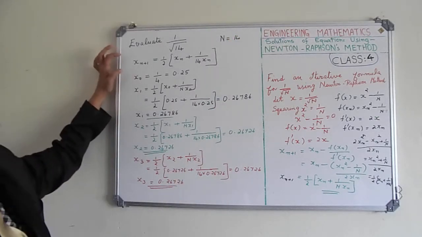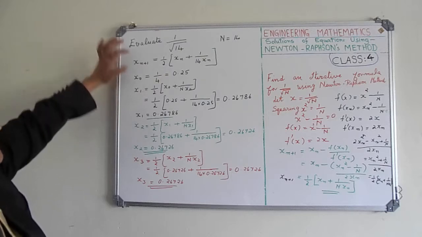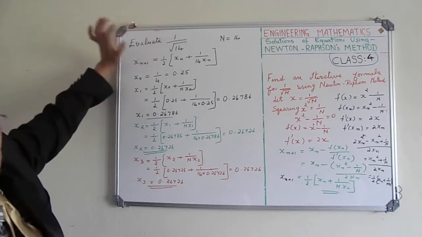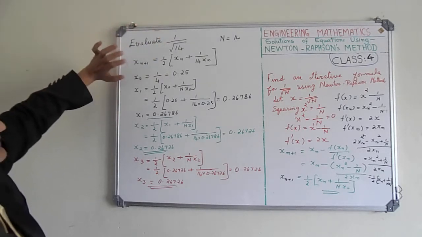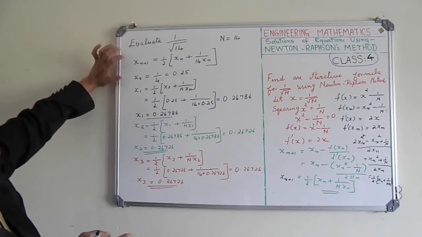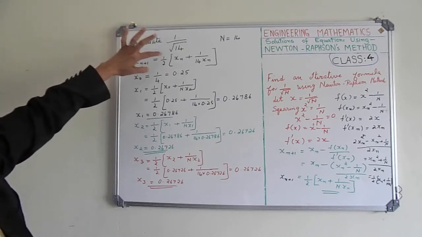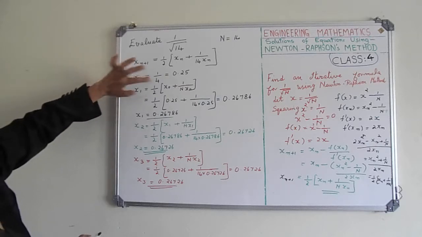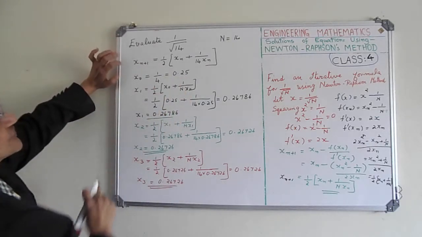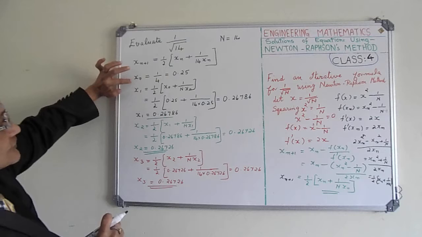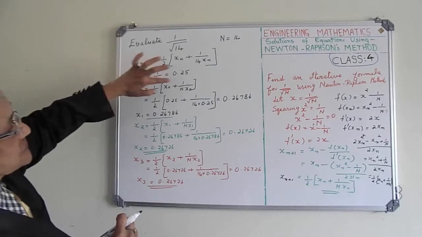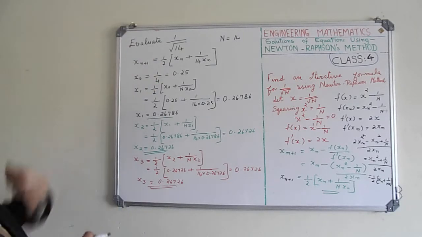Now we have to take the initial value. What is the initial value closer to 1 by square root of 14? You know, 1 by square root of 16 is equal to 1 by 4, which is 0.25. Therefore, we can take the initial value x0 is equal to 0.25.